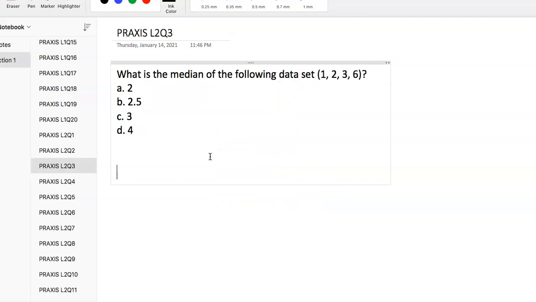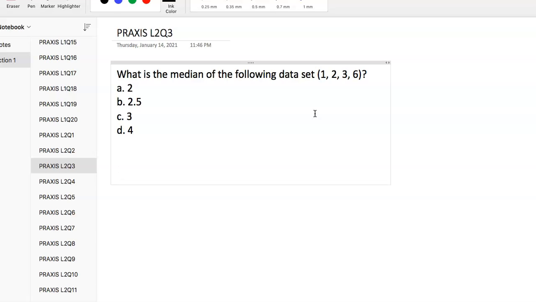Median, okay. We picked out median in this one, but really you need to be prepared for mode, median, range. Median is just the middle number. When you have an even data set like this, because there are 4 numbers, 1, 2, 3, and 6, it's different.